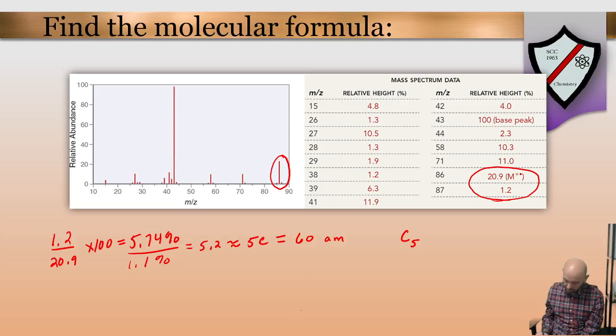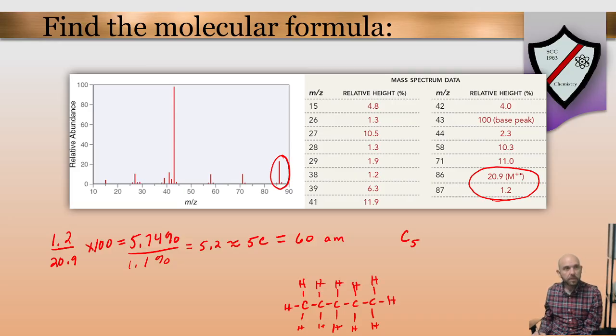If we had 5 carbons and they were all filled out with hydrogens, if we take the case of a completely saturated hydrocarbon, then we would know the weight of this molecule would be 60 wrapped up in the carbons, and then we would have 12 hydrogens for a total weight of 72.